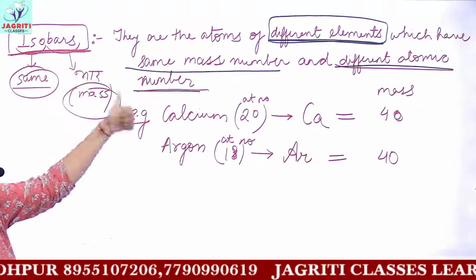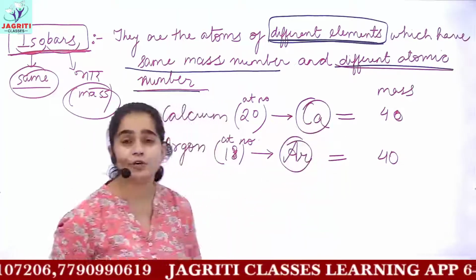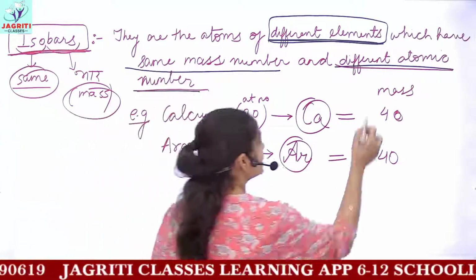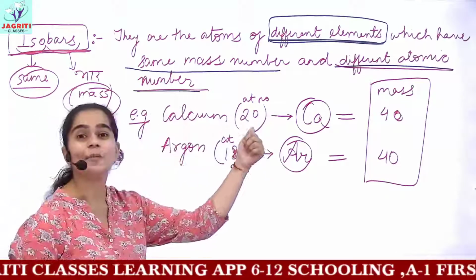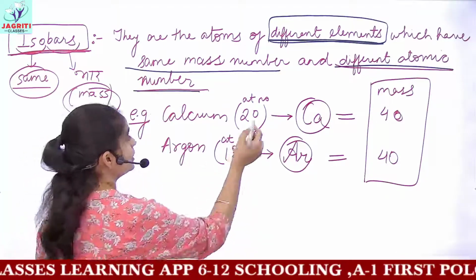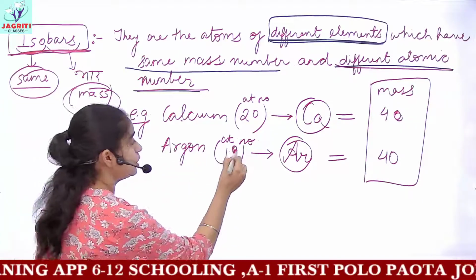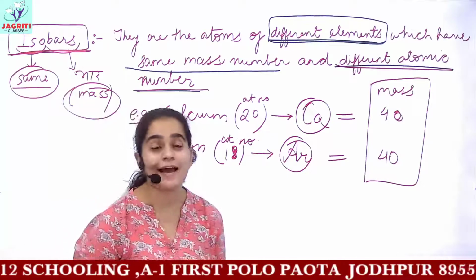That is, these are different elements, calcium and argon, which we took as an example. They have the same mass number. That is, the mass of both the elements is 40. But they have different atomic number. Calcium has atomic number 20, whereas argon has an atomic number of 18. So this is what you should know about isotopes and isobars.